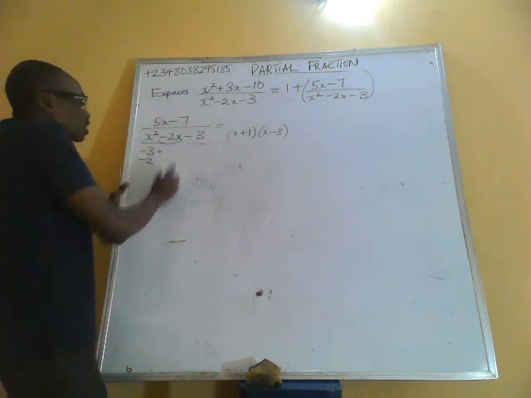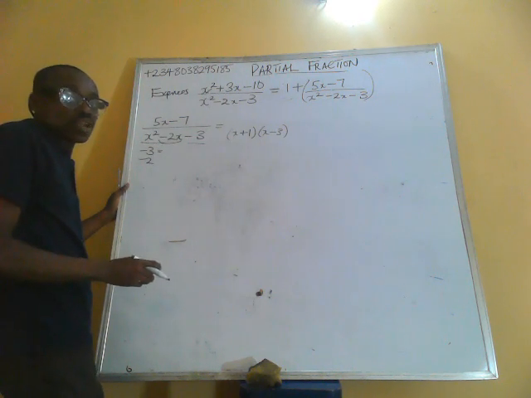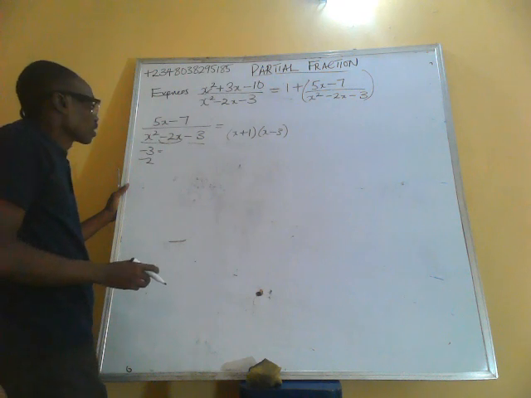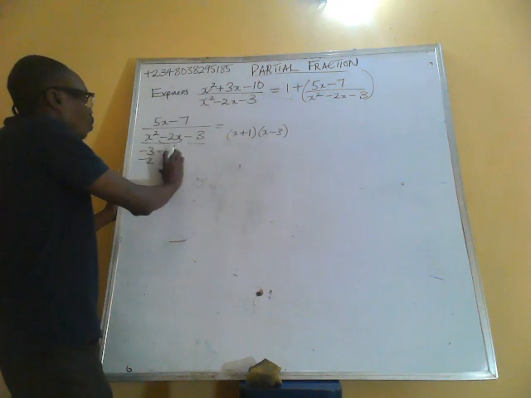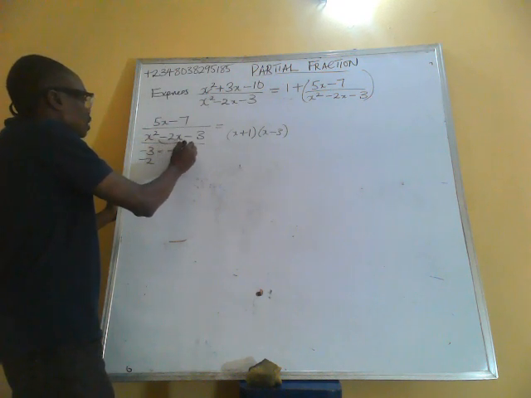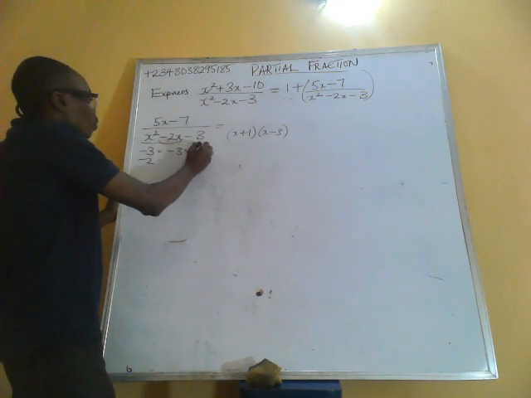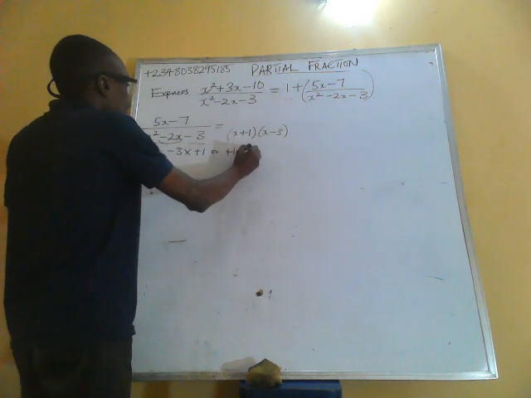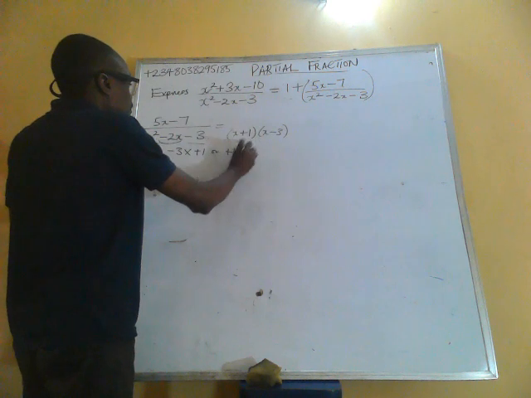So the only numbers that when multiplied will give you minus 3 are 3 and 1.